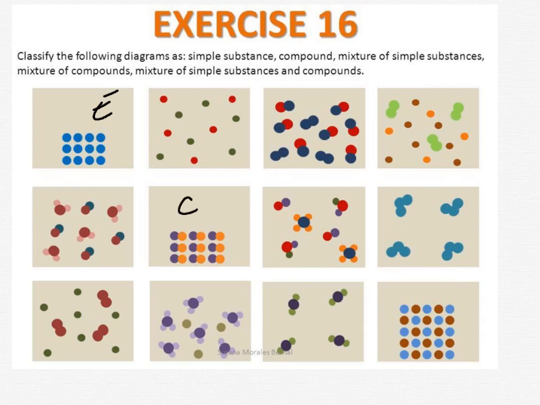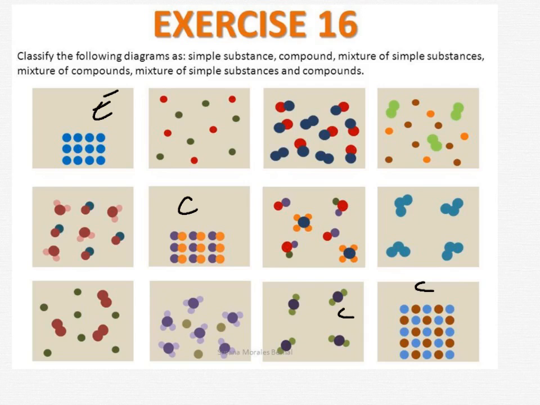And each little unit contains one orange and one purple. I see a compound down the far right-hand corner containing two different kinds of elements, blue and brown. I see a compound here containing two green and a purpley color.